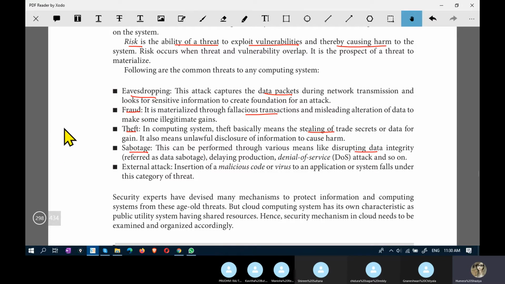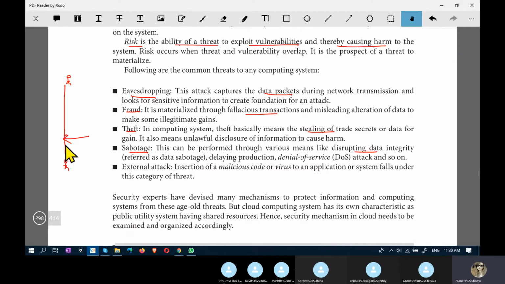Suppose I tell you that I am going to take class tomorrow at 11 o'clock. This data has to travel from one place to another. During transmission, if someone listens to the network to obtain the message, that is eavesdropping.